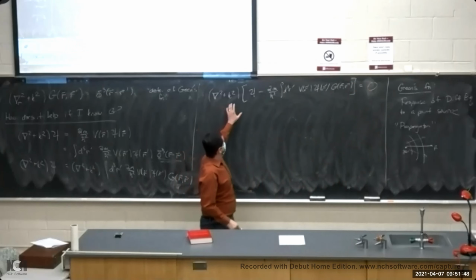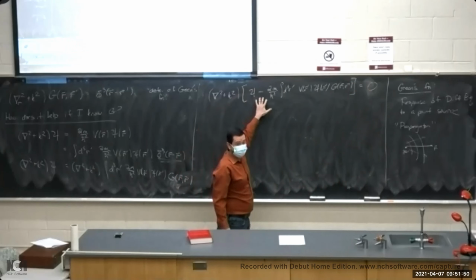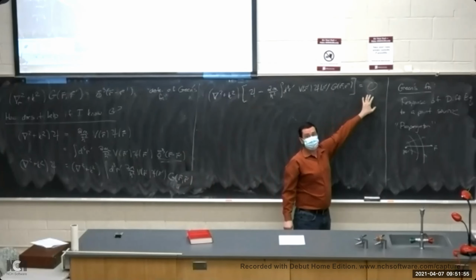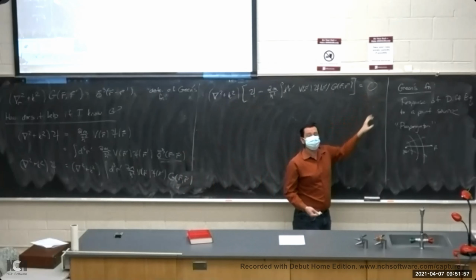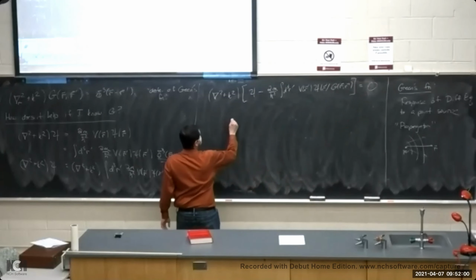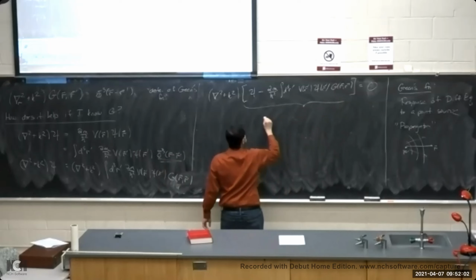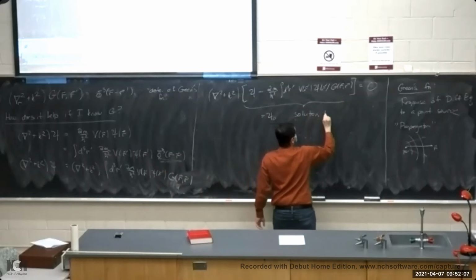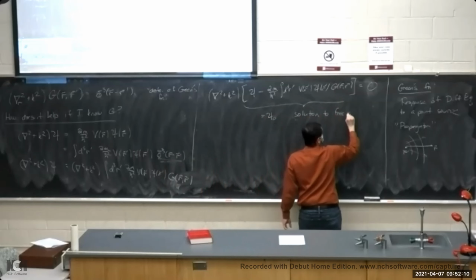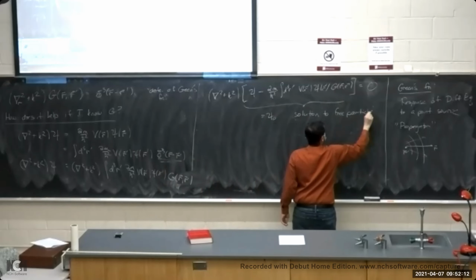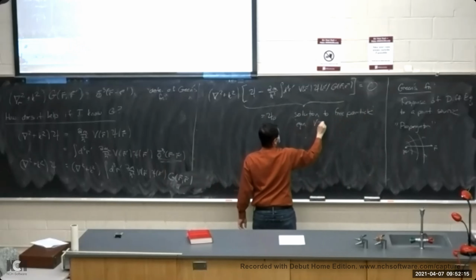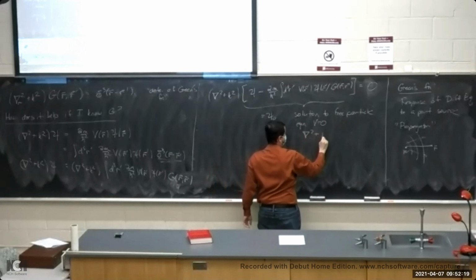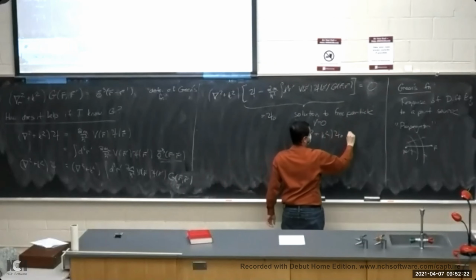So whatever this object in brackets is, it must correspond to a solution of the free particle equation. So this must be a solution psi naught when the potential is 0. Therefore, this object is equal to psi naught, the solution to the free particle case with V equals 0, because this means del squared plus k squared psi naught is equal to 0.